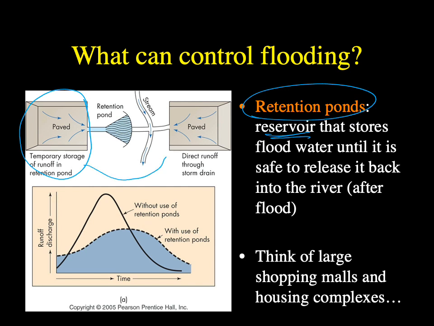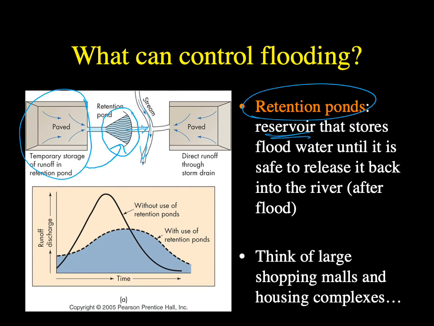Instead of sending that water back into the river immediately, causing the river to flood dramatically, a retention pond sends all the water from paved surfaces into a kind of holding pen. You keep the water there until the stream has come back to normal or close to normal conditions, and then you can slowly release that water back into the stream.